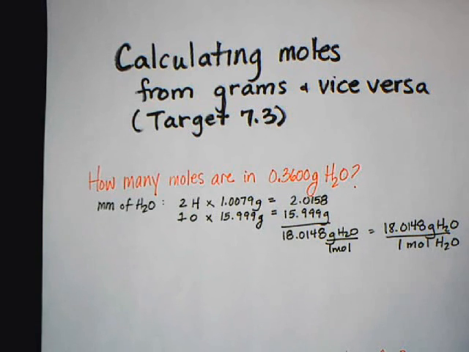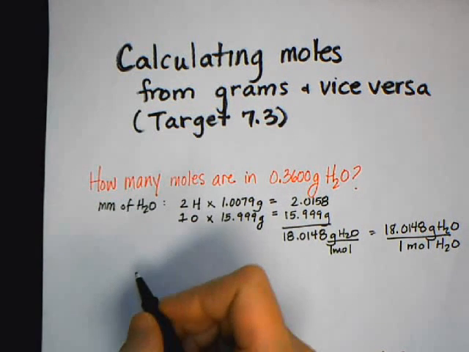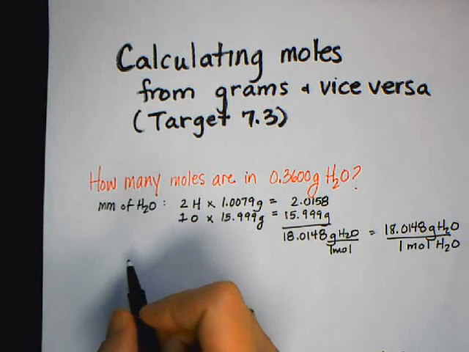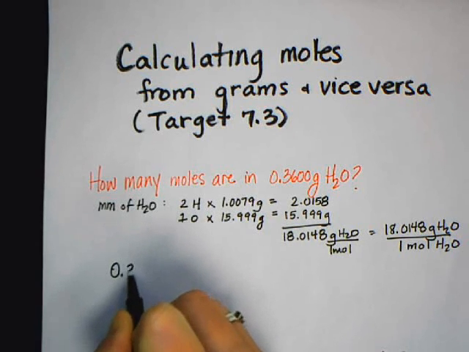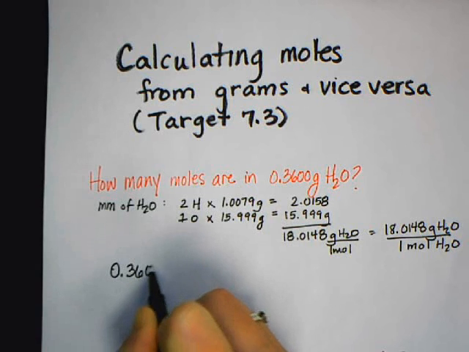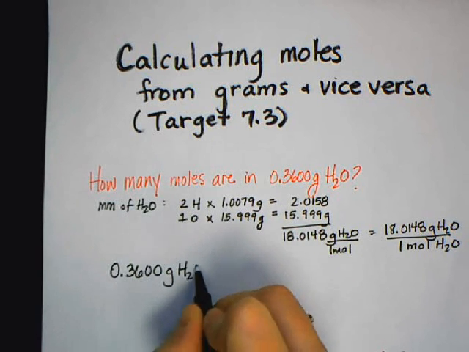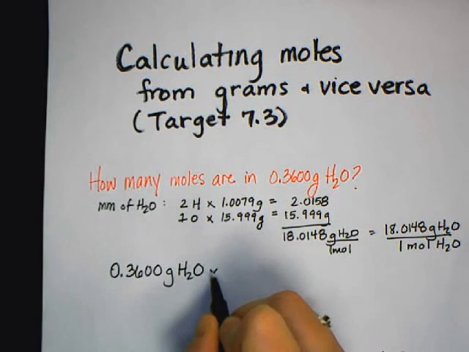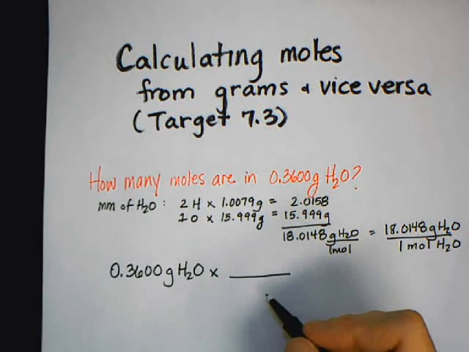So to answer the question, how many moles are in 0.3600 grams of H2O, we always start with what we're given. So 0.3600 grams of H2O. Then we're going to multiply by a conversion factor that makes the units cancel. We do know a relationship between moles and grams.